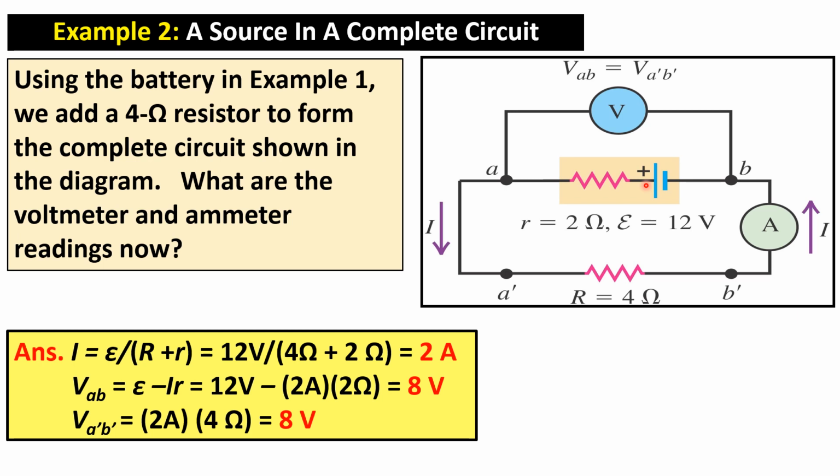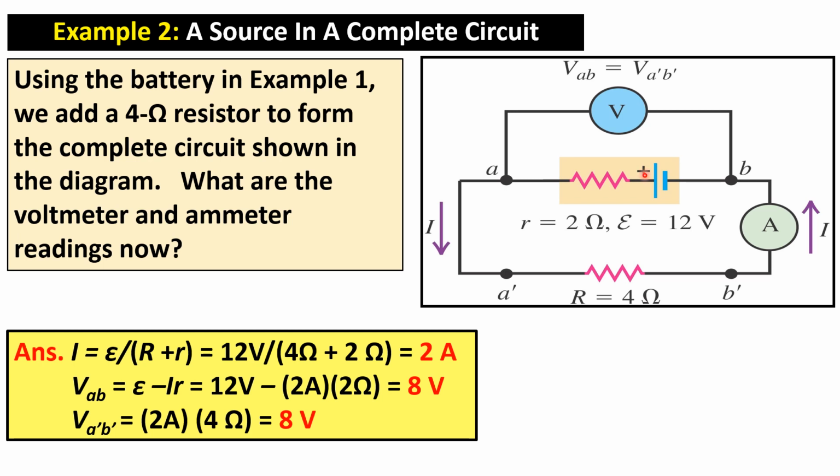Why the choice of conventional flow of charge? Why is it from positive to negative? Because we say that what is moving around the circuit, we imagine, are positive charges. So we use the basic rule that positive charges repel.